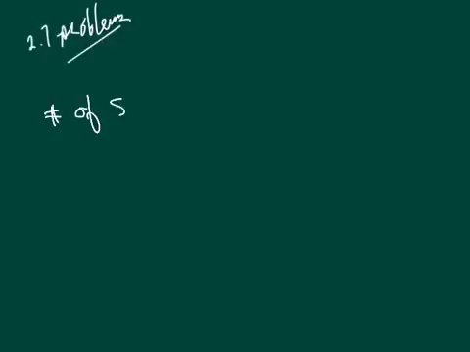So the dollars invested at 8% would be X. The dollars invested at 9%, it says, would be 2,000 more than X. So it would be X plus 2,000. And this one would be X. So this is your 8% and this is your 9%.